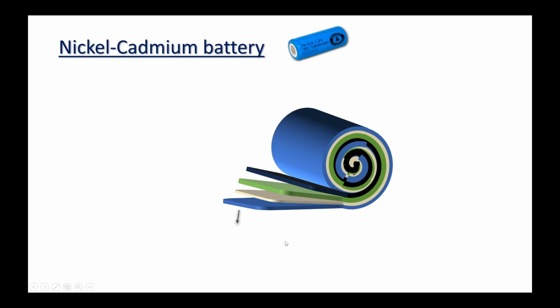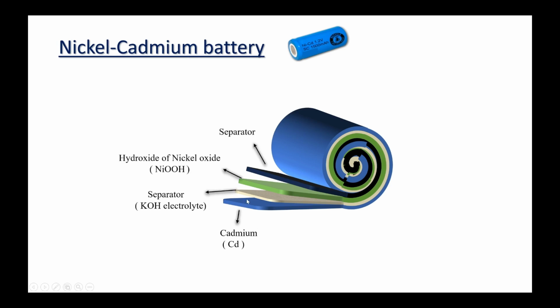The outer layer is made up of cadmium and the inner layer is made up of potassium hydroxide electrolyte. After that we have the hydroxide of nickel oxide layer. After that we have the separator. These 3 layers constitute a cell, and the separator layer separates these 3 layers from the other 3 layers during the rolling.